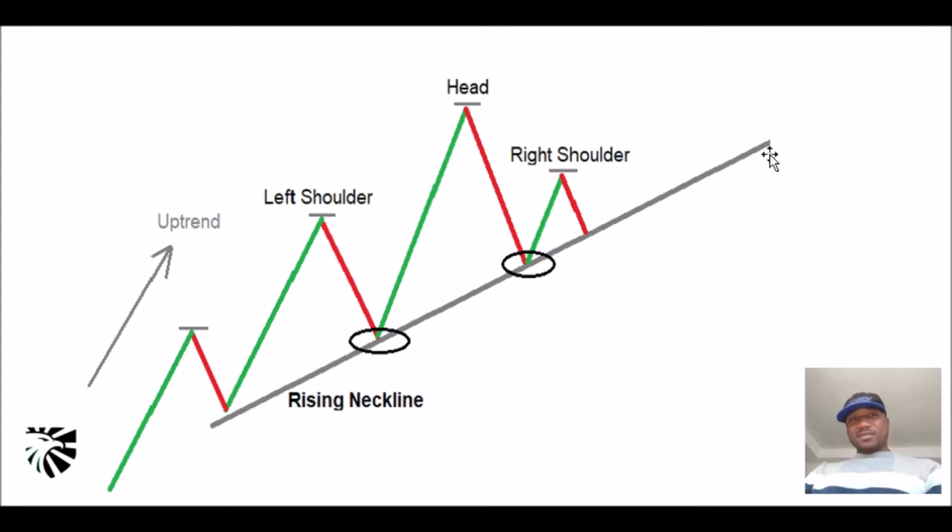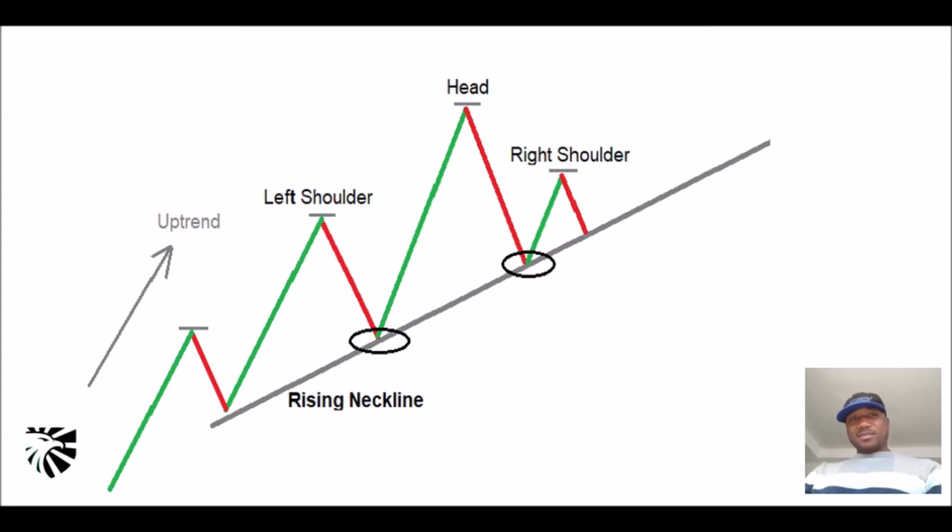You want to trade with low risk and high reward ratio. And this rising neckline is not going to give you low risk and high reward ratio. Why? Because the left and the right shoulder are all above the neckline. So we don't want to trade this kind of head and shoulder.